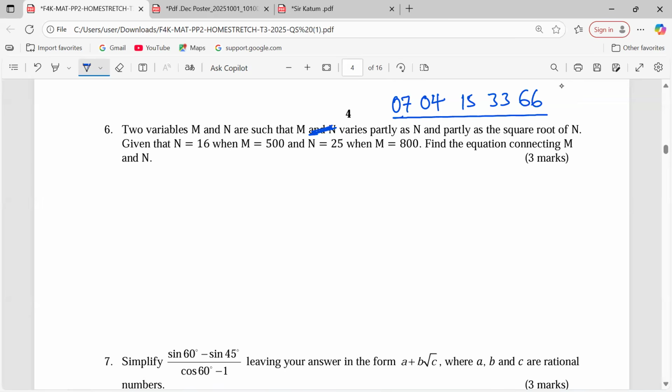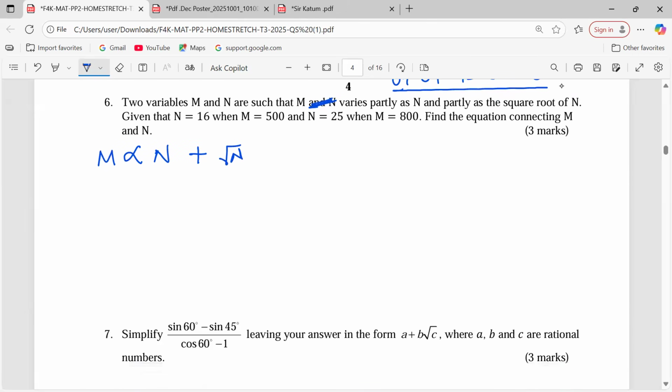M is partly as N and partly as the square root of N. So we say that M is varying partly as N and partly as the square root of N. Is it square root? Yeah.